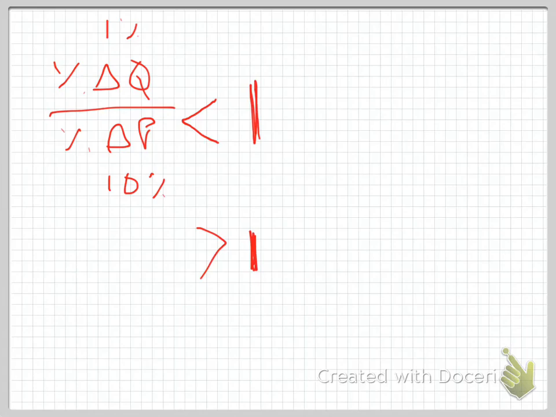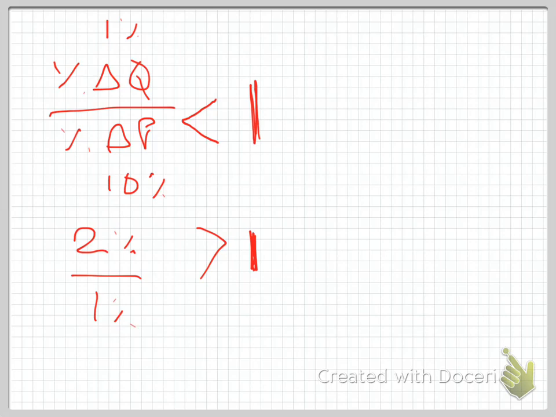And so that would be something where this elasticity of demand would be something like, ooh, I should draw it like this. Something like, say, 2% for every 1%.